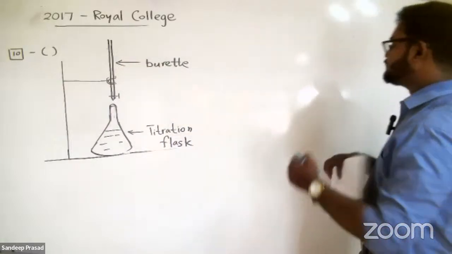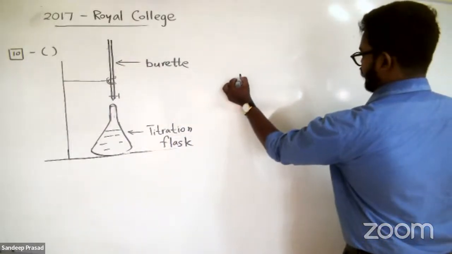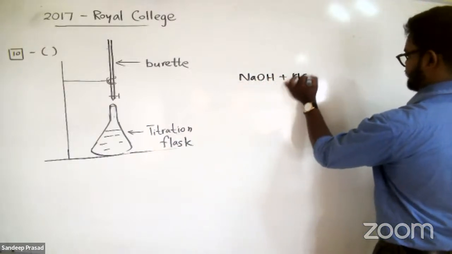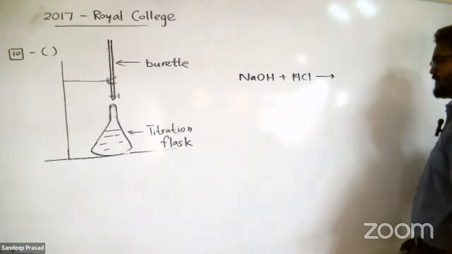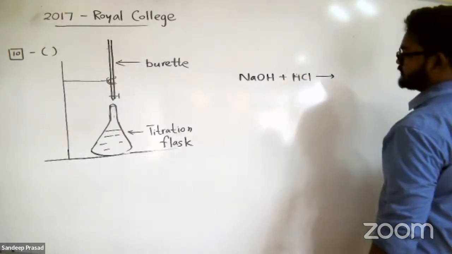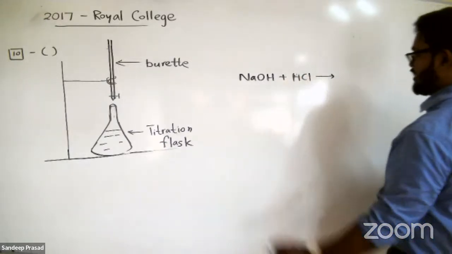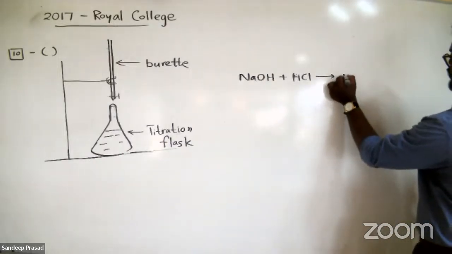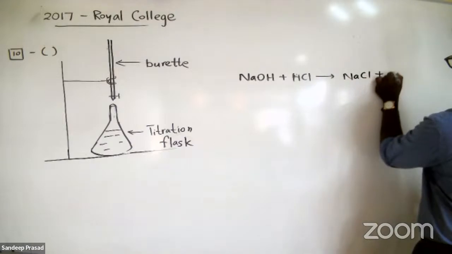For example, just imagine we are going to do a titration between sodium hydroxide and HCl, right? I told you that titration means a method to find out an unknown concentration, unknown number of moles. So we can find them using a titration.